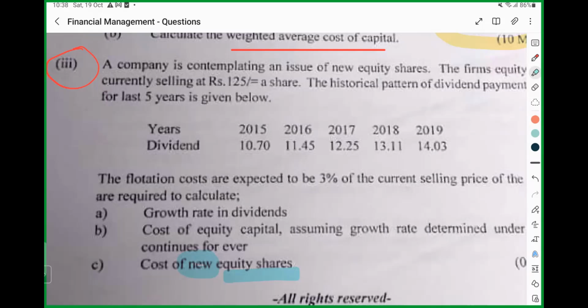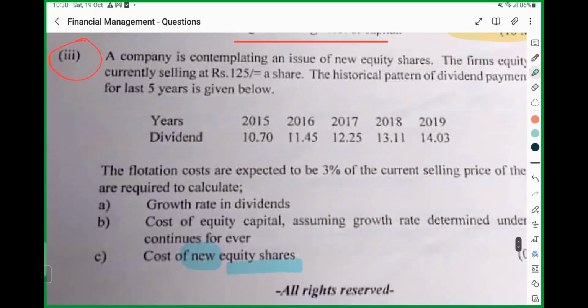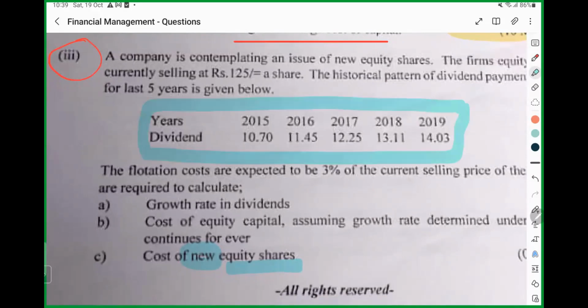Now, how much is the growth rate? Now we have a historical dividend. So using this past dividend, you can calculate the growth rate. You can get the geometric average.